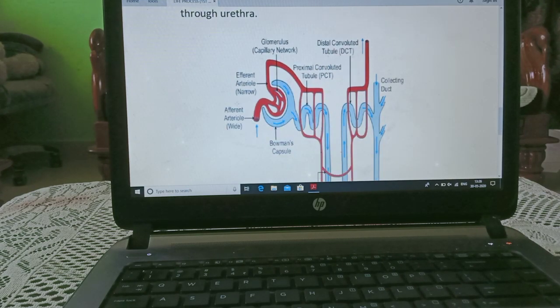From afferent arteriole, which is a wide tube, waste products enter the glomerulus. Glomerulus works in the form of a sieve, and waste products are in the form of semi-liquid substance.